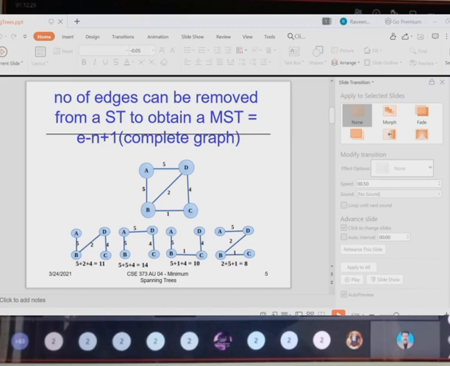Again we repeat this until V minus 1 edges have been accepted. All the edges have to be accepted, but we can discard one in a particular case: if we are going to construct an edge and that edge is going to form a cycle or a loop, we have to discard it. In that case alone we'll discard it.